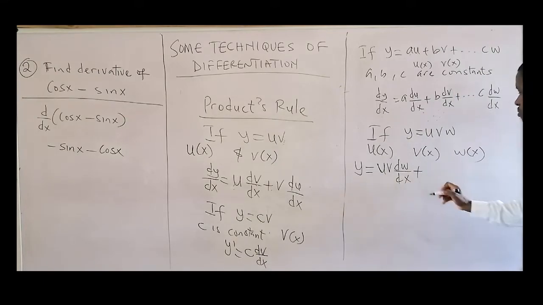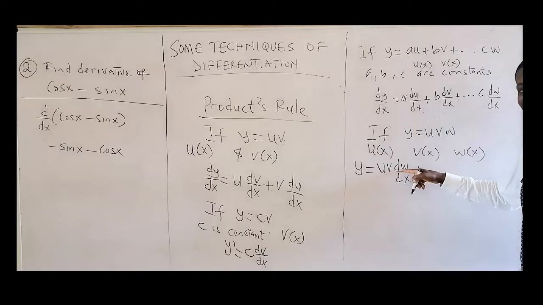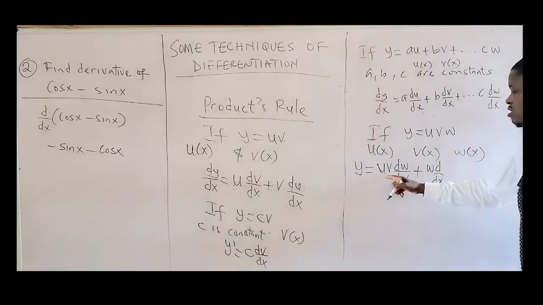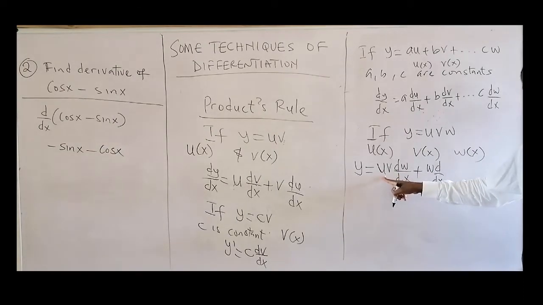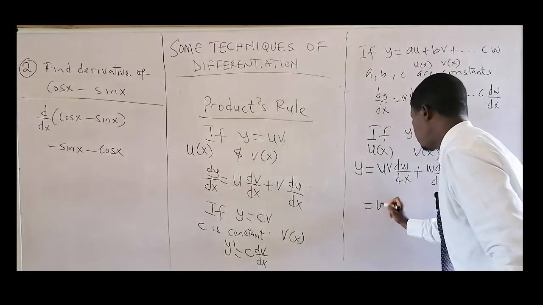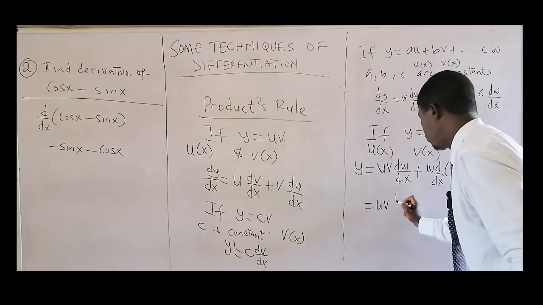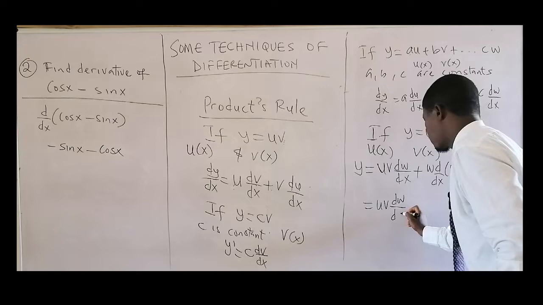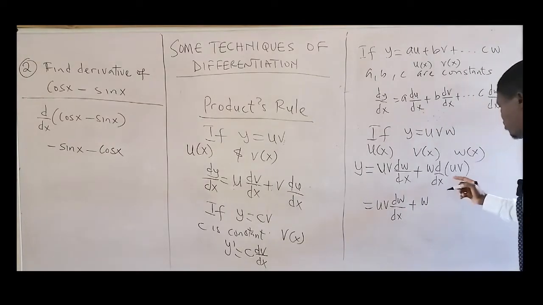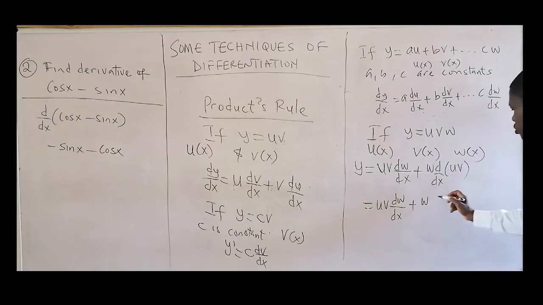Then plus the one you differentiated here, you now keep it constant, and differentiate the ones you kept constant at first, that will be w times the product of u and v.